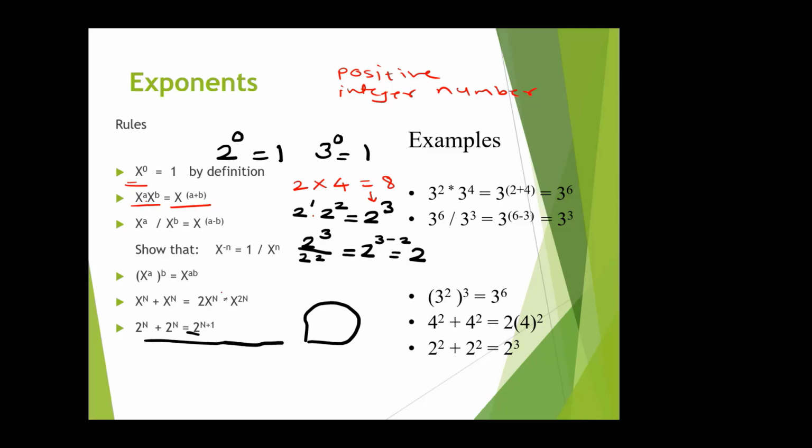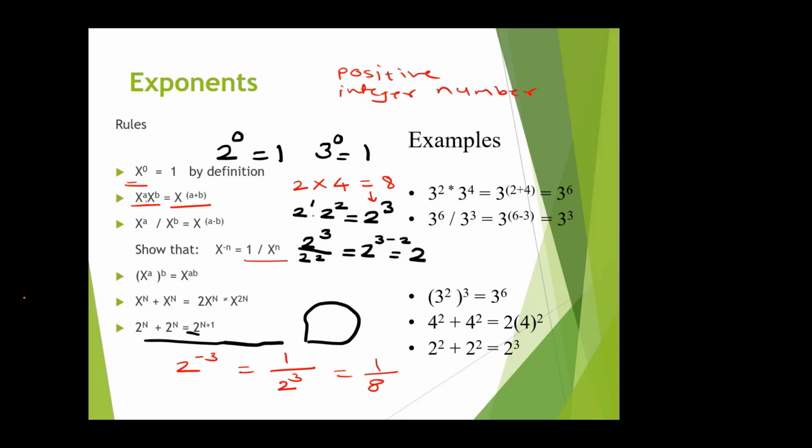Now here is another thing: whenever we say something raised to minus n, so 2 raised to minus 3, we convert it as 1 divided by 2 raised to 3, which is 1 divided by 8. So x raised to minus n is 1 divided by x raised to n.